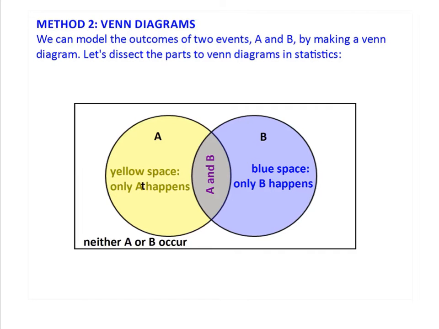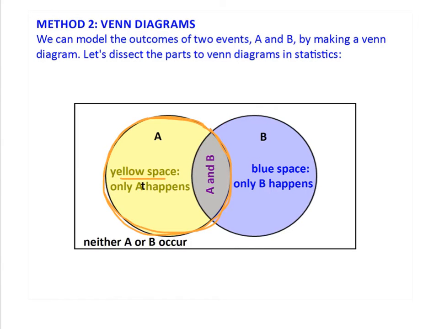So if we talk about Venn diagrams in terms of statistics, if I think about this entire circle, this is all event A. So if I know the probability of event A is some percent, that means the entire circle has to add to that percent. But this space in the yellow, or this kind of outside of the overlap, this is all stuff that can only happen in A, not in B, because we have that border for event B.